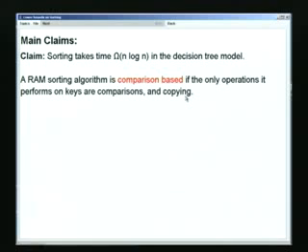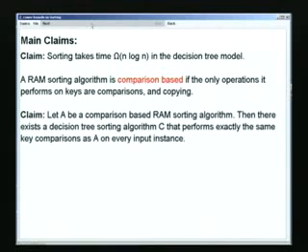So if you go back and think about the sorting algorithms that you have seen, there is a good chance that most of them are in fact comparison based. Take heap sort, for example. The only operations you do on keys are you compare two keys, and maybe you copy them. Similarly for merge sort, similarly for insertion sort, similarly for shell sort if you have studied that. So in fact, most of the algorithms that you have studied probably are comparison based algorithms.